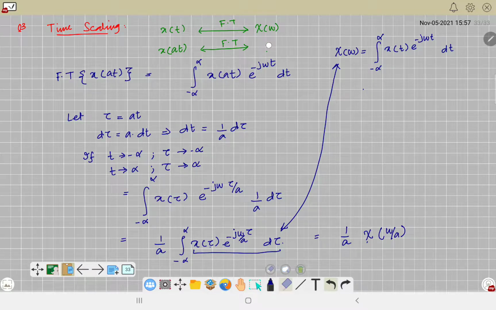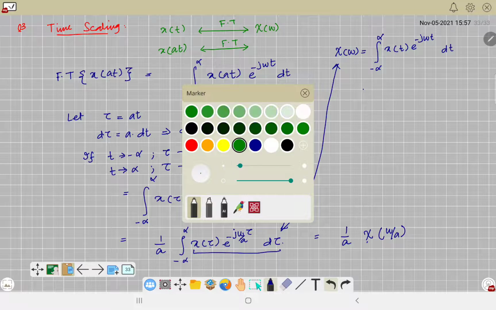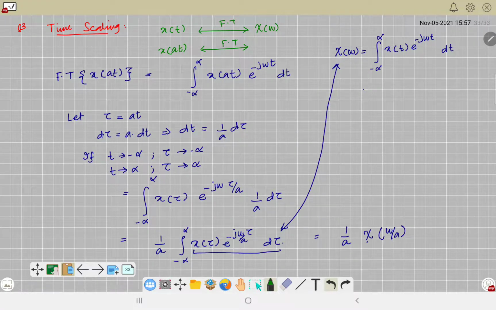Which means that if you time scale it, the Fourier transform will first have its magnitude scaled by 1 by a, then it will be X of omega by a. Okay, so you can say that if you take the Fourier transform of a signal that has been time scaled, that scaling factor will affect the amplitude as well as the frequency of your transform of x of t.